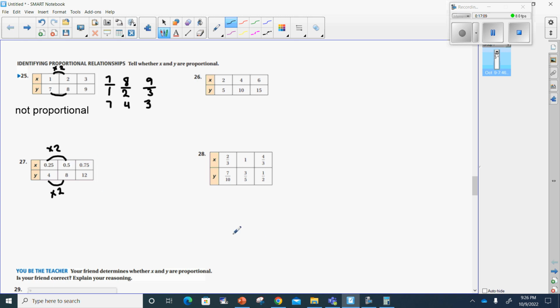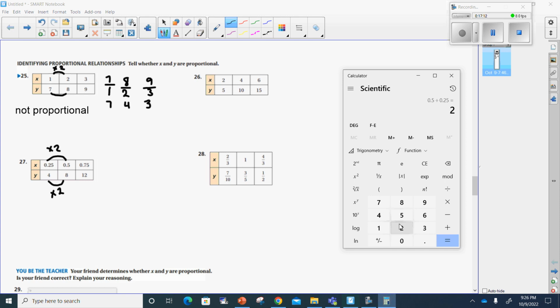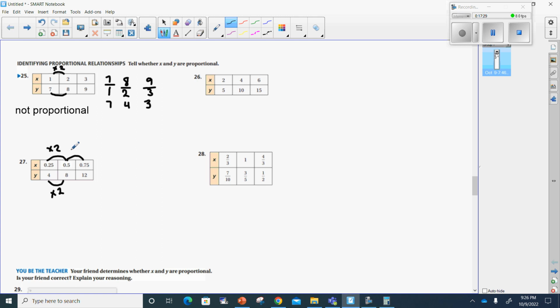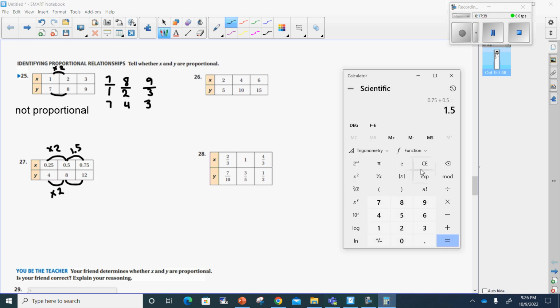So we're going to have to take 0.75 and divide it by 0.5. That gave us 1.5. So we multiplied it this time by 1.5. And if we multiply 8 by 1.5, well, we get 12. We absolutely do get 12.